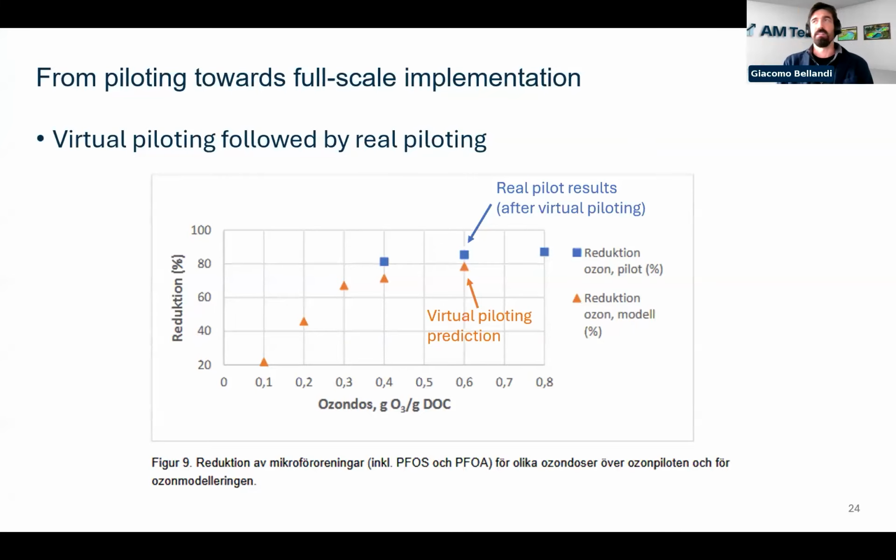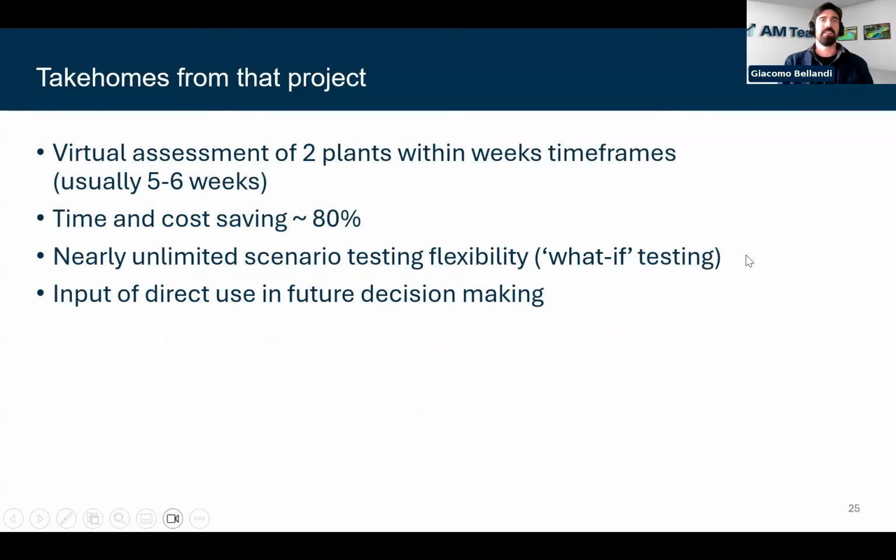So that is very nice to see as a confirmation that the modeling step, the virtual piloting, is meant to be a time and cost saving step, right? Speeding up the decision making, so supporting the decision making for the assessment. In this case, specifically for 2 plants, right?